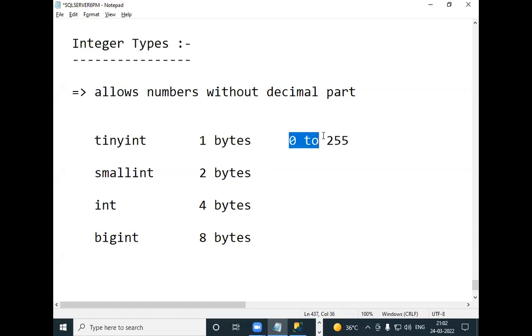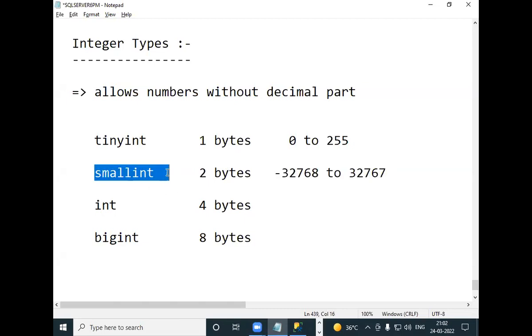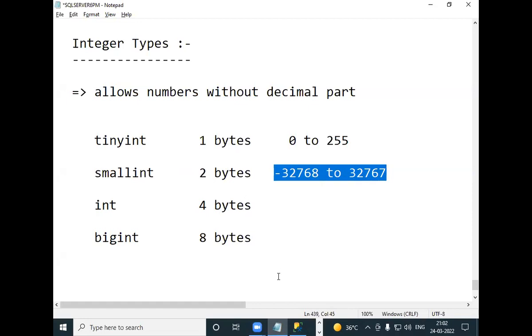If the value is between minus 32,768 to 32,767, use smallint. Smallint allows numbers between minus 32,768 to 32,767.